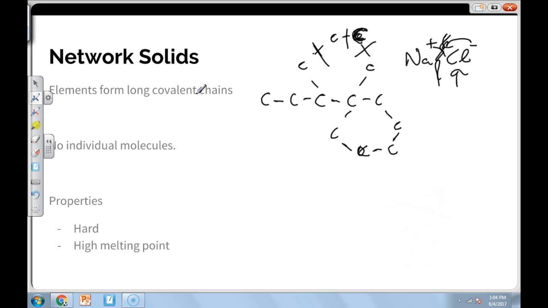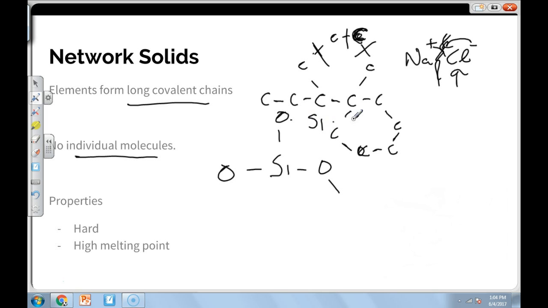Okay, and so that really explains these long chains, and that there are no individual molecules in these network solids. Like silicon dioxide forms these crazy long chains of silicon and oxygen together that just aren't able to be broken, and that means that they're going to have absurdly high melting and boiling points.